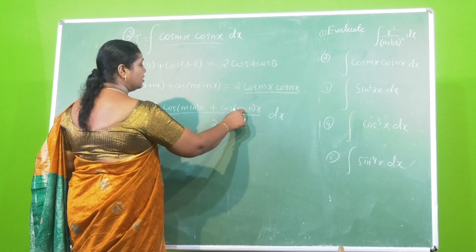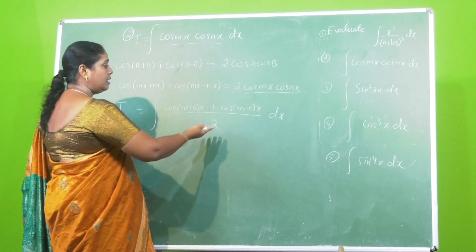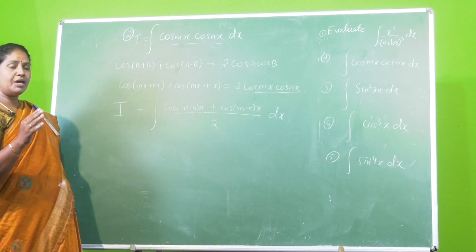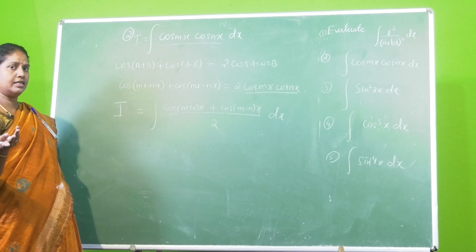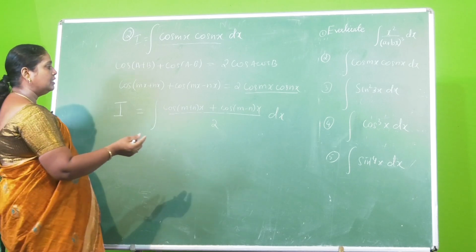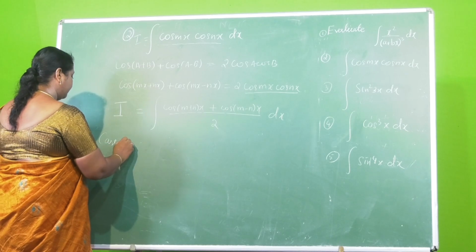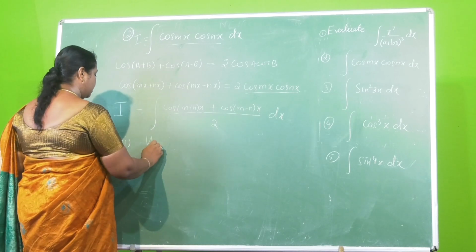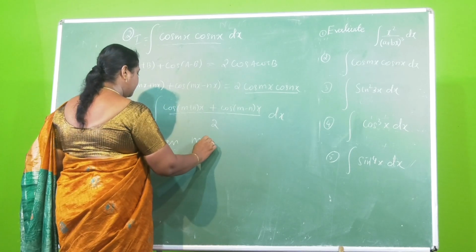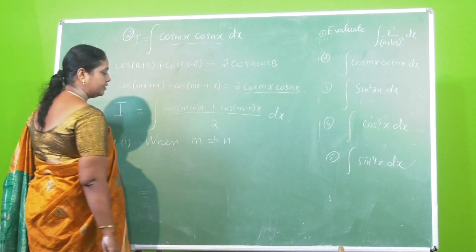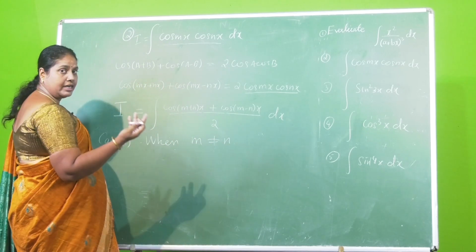Here what is the coefficient? m minus n. So if m equals n, what will be your answer? So we have to consider this in two cases. Case 1: when m is not equal to n. Then m minus n can never be 0.